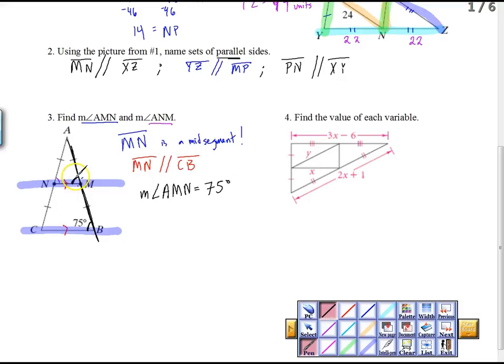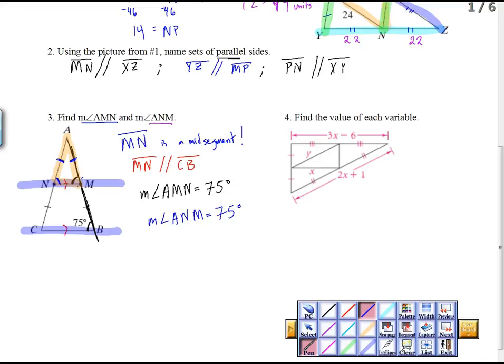If AMN is 75, and we look at this triangle here, well, these sides are marked congruent. So this is an isosceles triangle, AMN. And if this base angle is 75, Chapter 4 told us that the other base angle would also be 75.